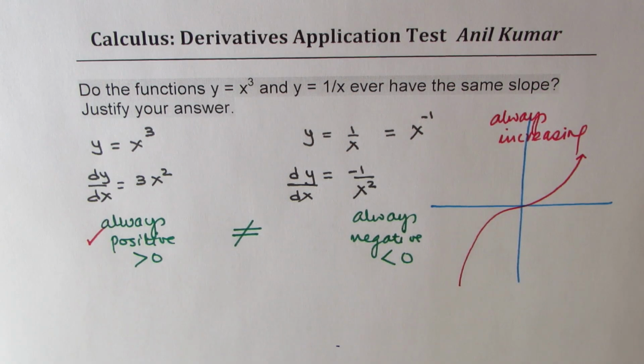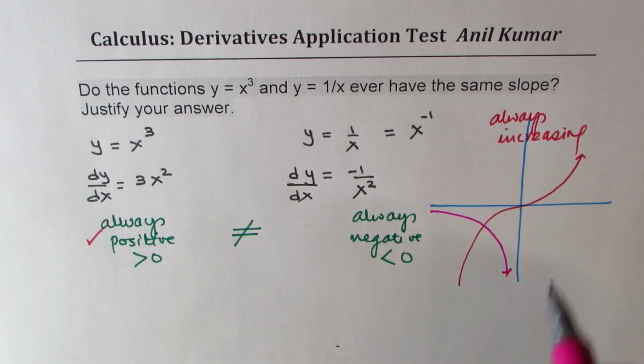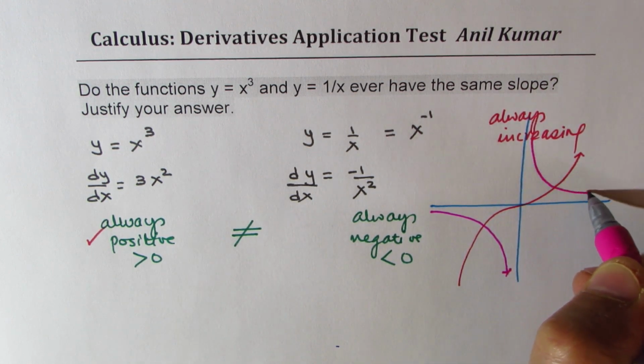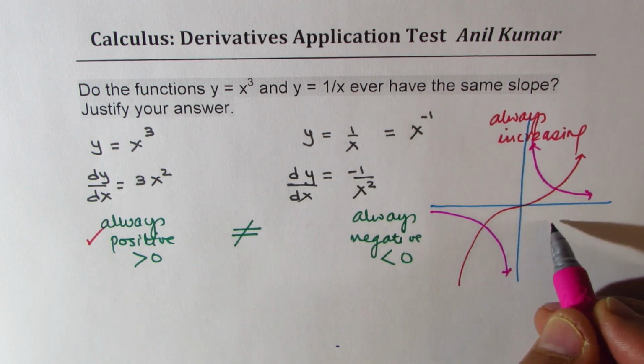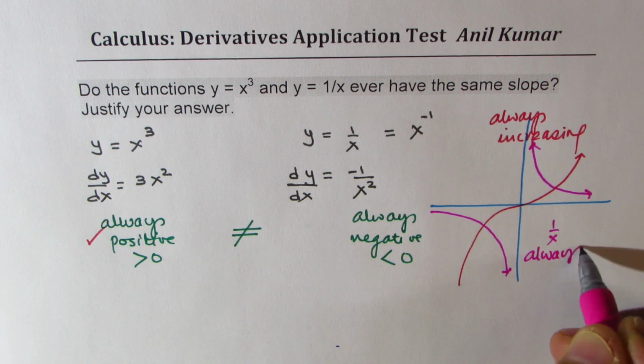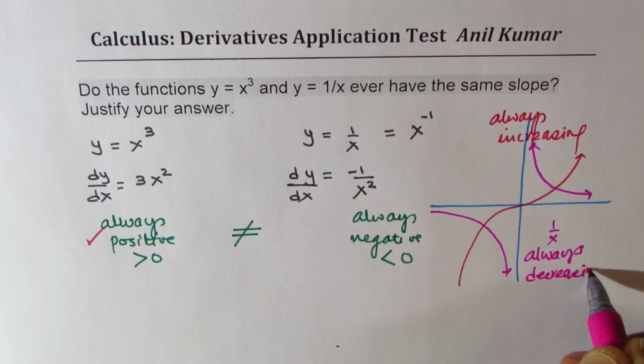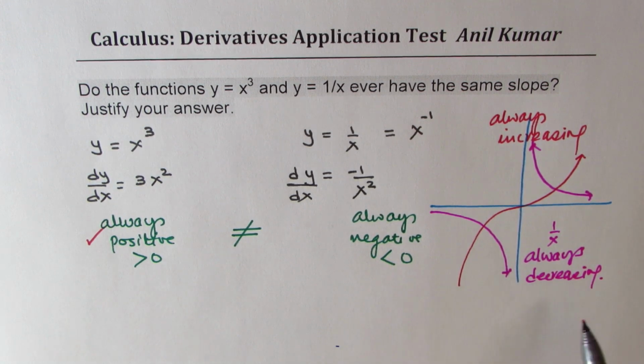So let me sketch that with a different ink. As far as 1 over x is concerned, it is kind of like this, right? This is 1 over x, always decreasing. Correct? So therefore, their derivatives can never be the same. So that is how you could do it.